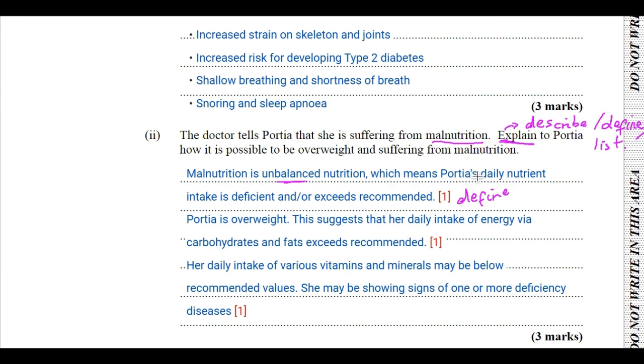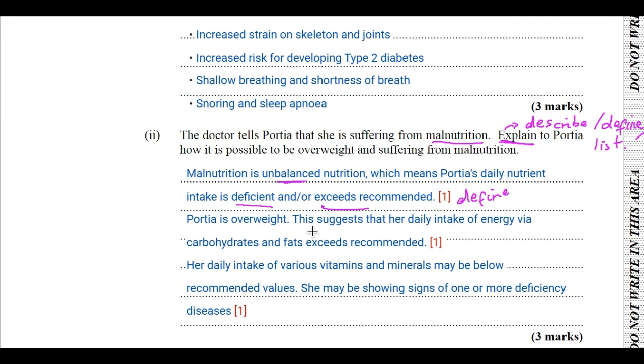And that means that her daily nutrient intake is either deficient, lower than what is required, or it exceeds the recommended values, right? That's the definition basically, and that's your first mark. Then you go into the situation itself. So Portia is overweight, right?